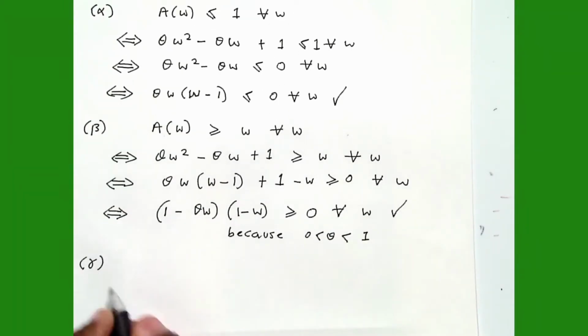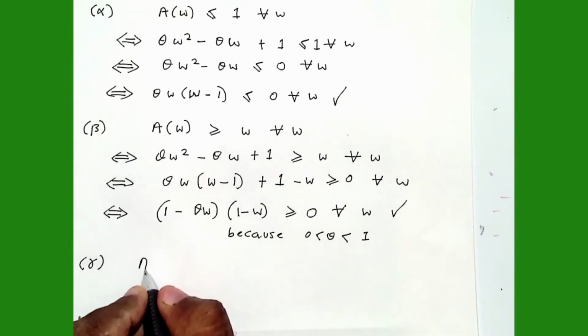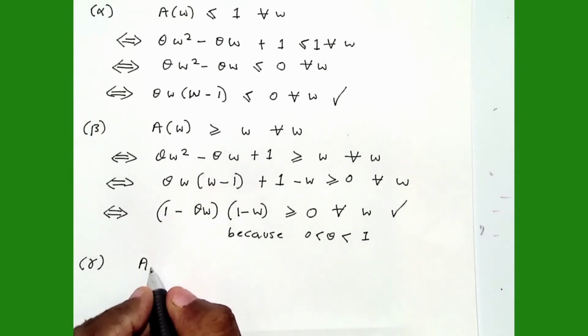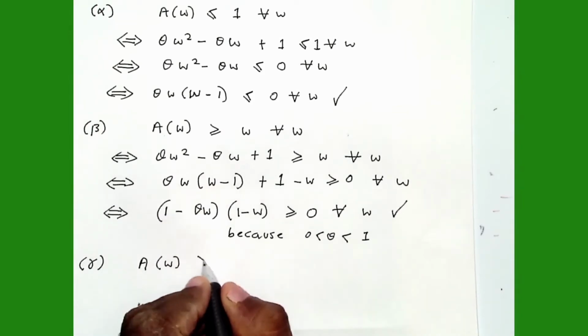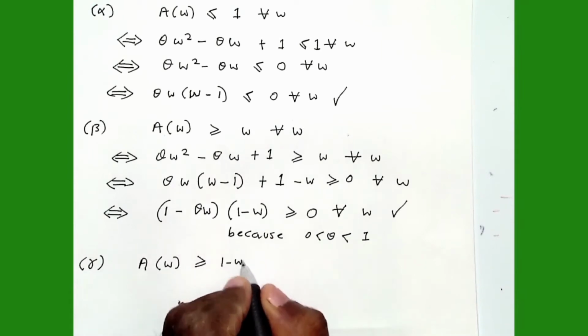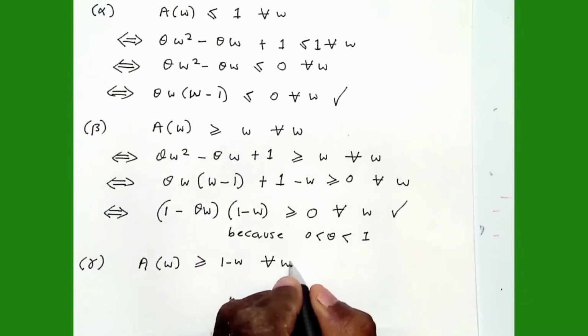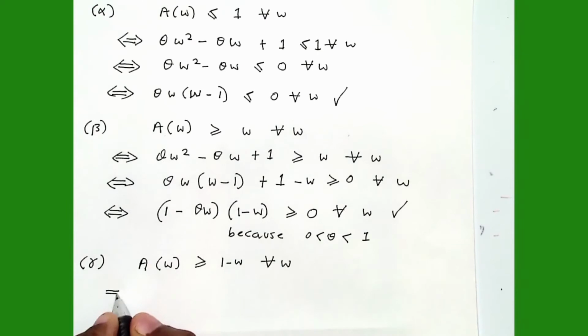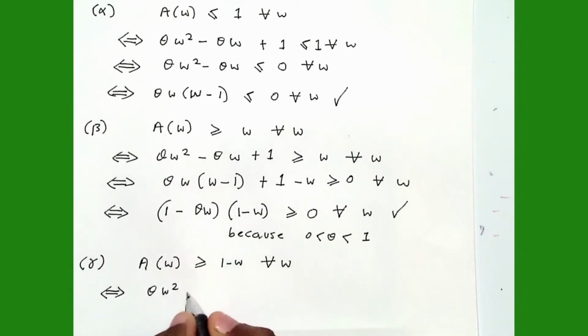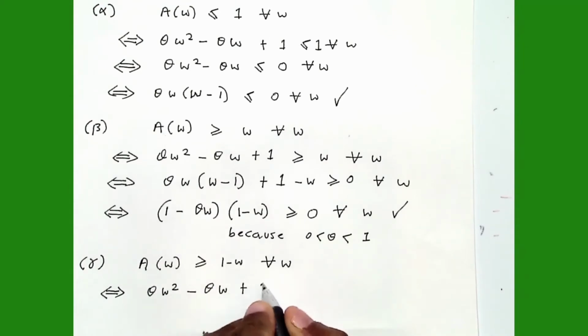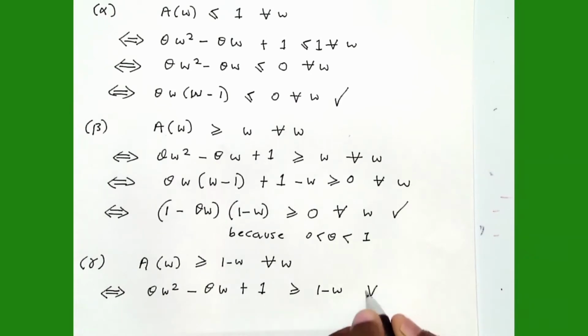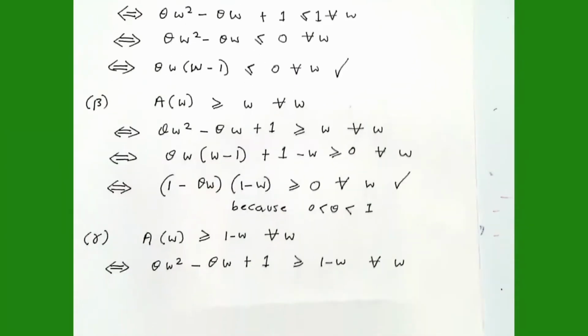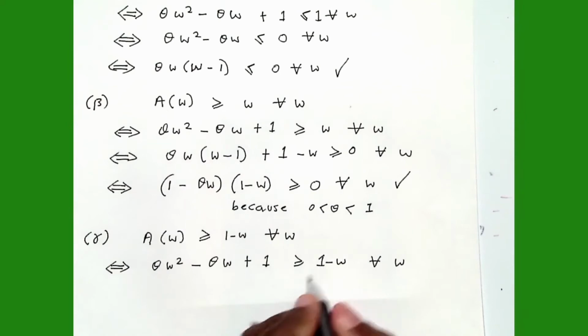And gamma, we need to show that, okay, which is the same as wanting to show, okay, the 1 and the 1 cancel.